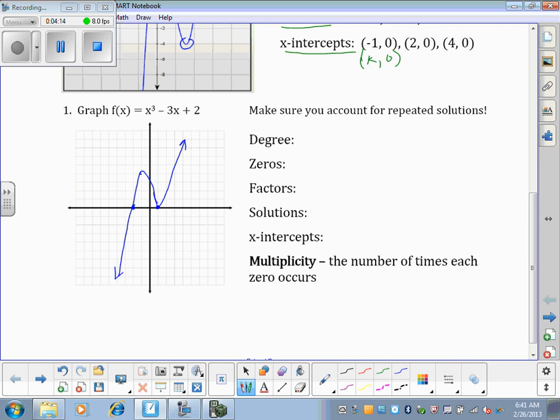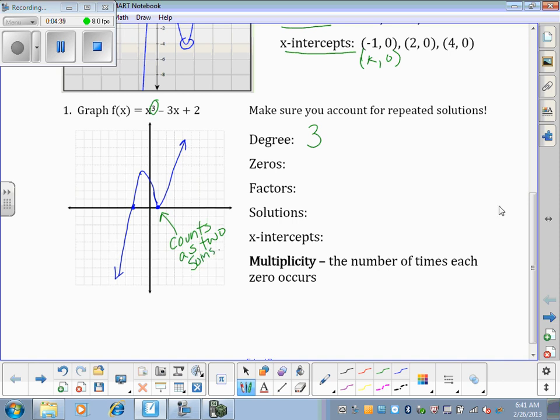All right. So we talk about degree, okay? It's the highest exponent, so the degree is 3. How many zeros does it have? It has 1, and then remember, this one counts as 2. That's its 2 solutions, okay?